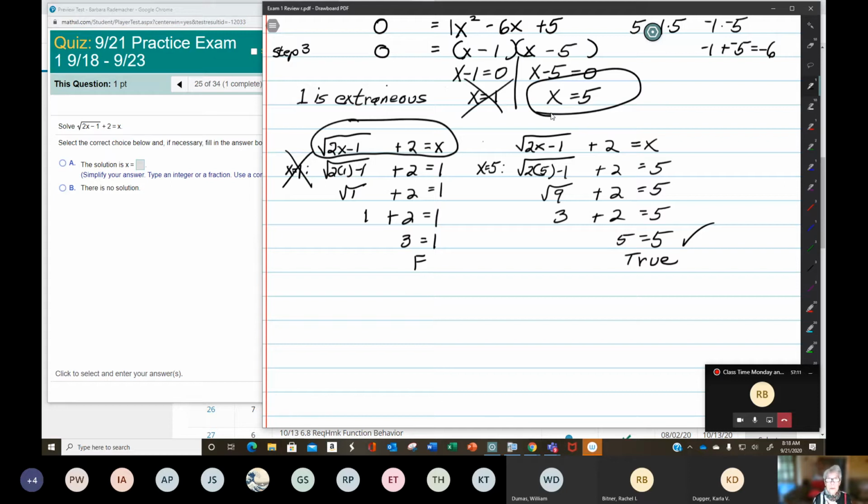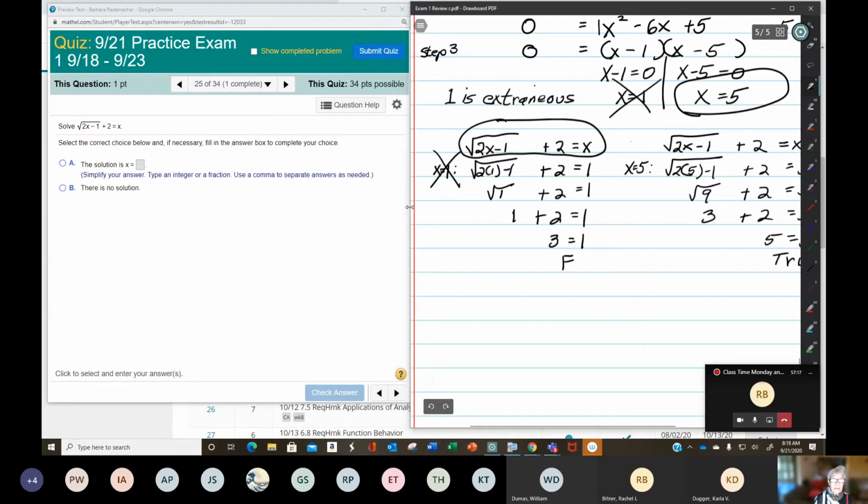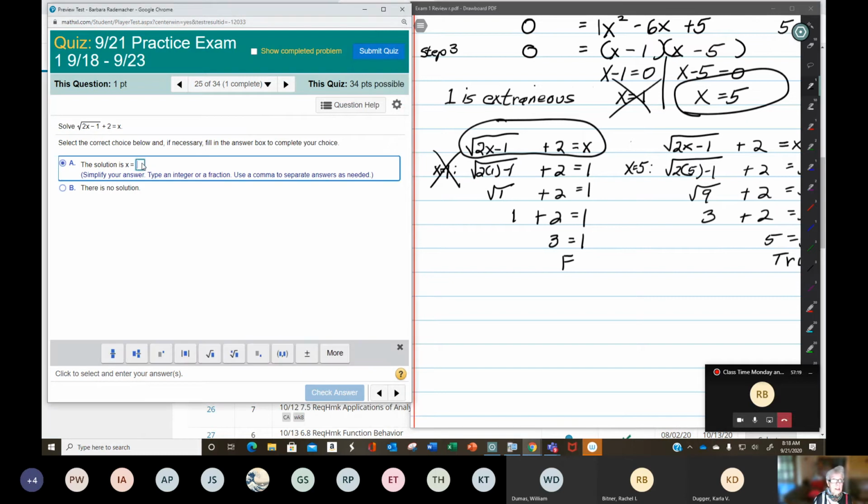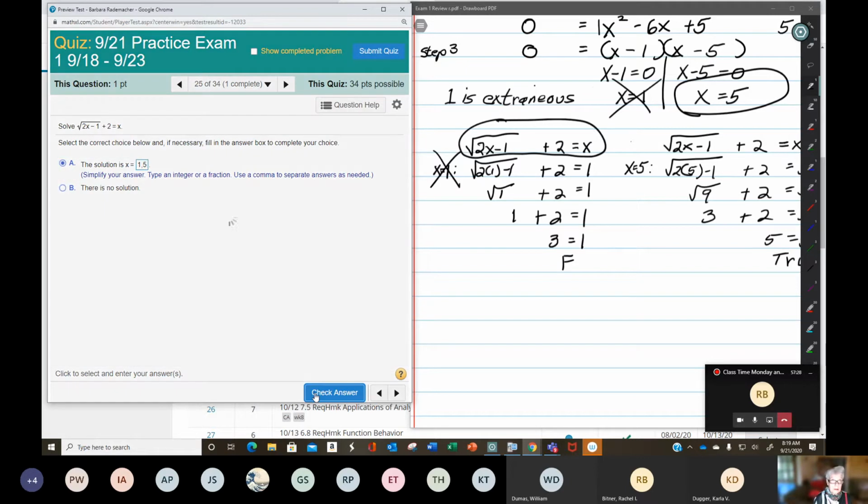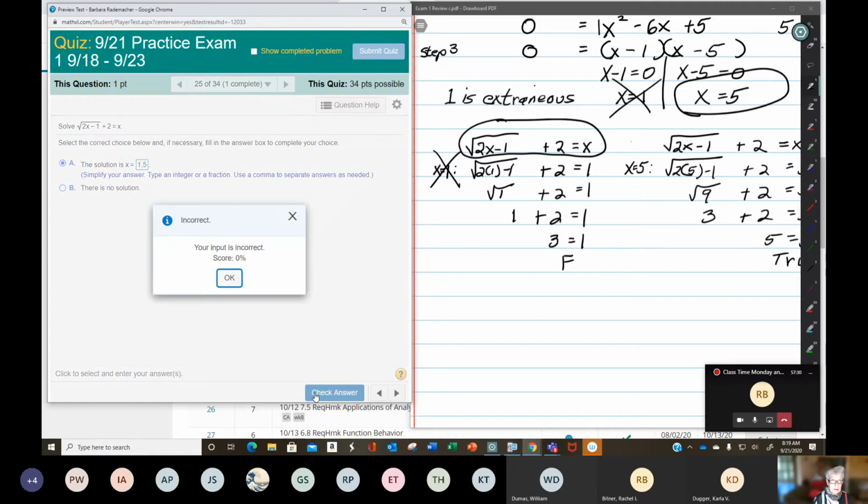And if you were to put in both solutions, MyMathLab would count you wrong. And I'm going to do that right now. I'm going to put in both solutions just as though I did not check it. Your input is incorrect. 0.